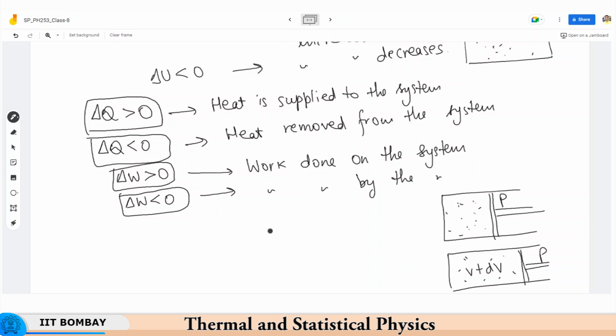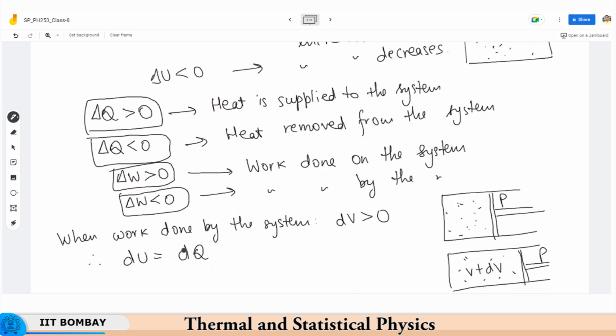So when work is done by the system, your dV is positive, and when work is done by the system, your delta W should be negative. Therefore your statement of the first law will become dq minus P dV, because dV is positive and we want dW to be negative, so we put a minus sign in front.